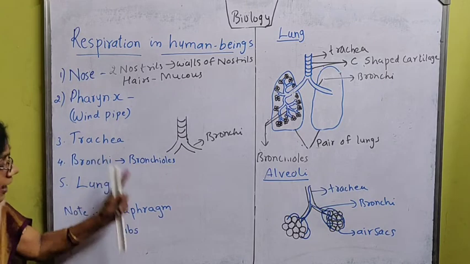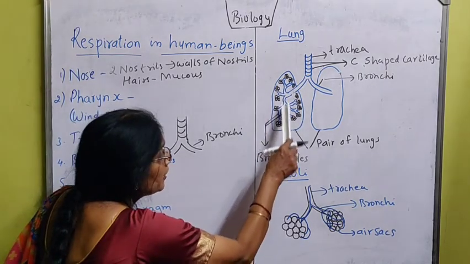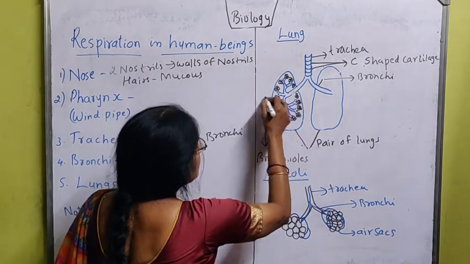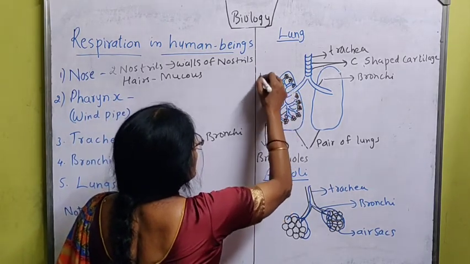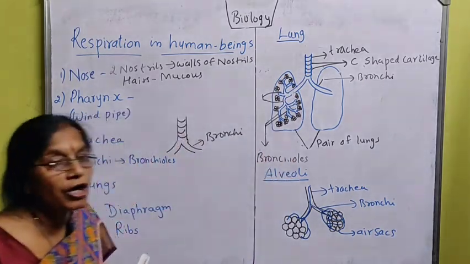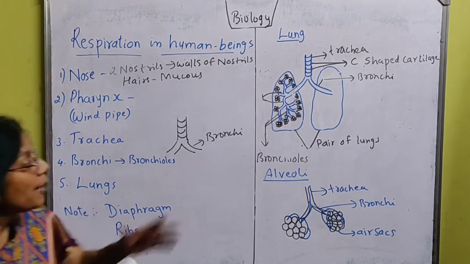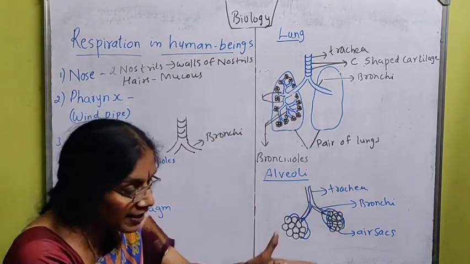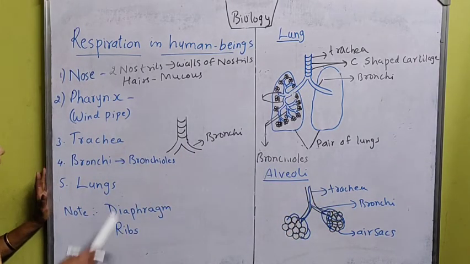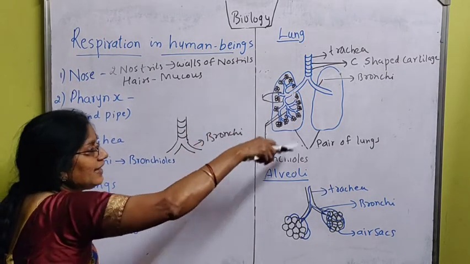After entering the lungs, these bronchi are again divided into small tube-like structures, which are called bronchioles. The main bronchi are further divided into small tubes called bronchioles, and the bronchi and bronchioles are inside the lung.